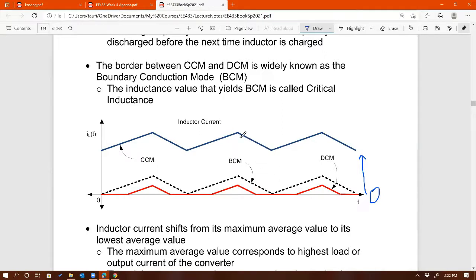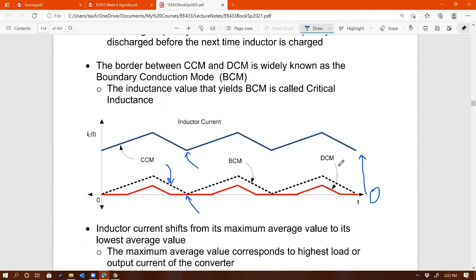Okay, and then if you keep lowering the inductor current, the triangular waveform is shifting down, down, down until this minimum point reaches 0, which is right there. So that's the dashed line right here. That's the case where the minimum of the inductor current touches 0. If that is the case, then the DC to DC converter is reaching its boundary conduction mode.